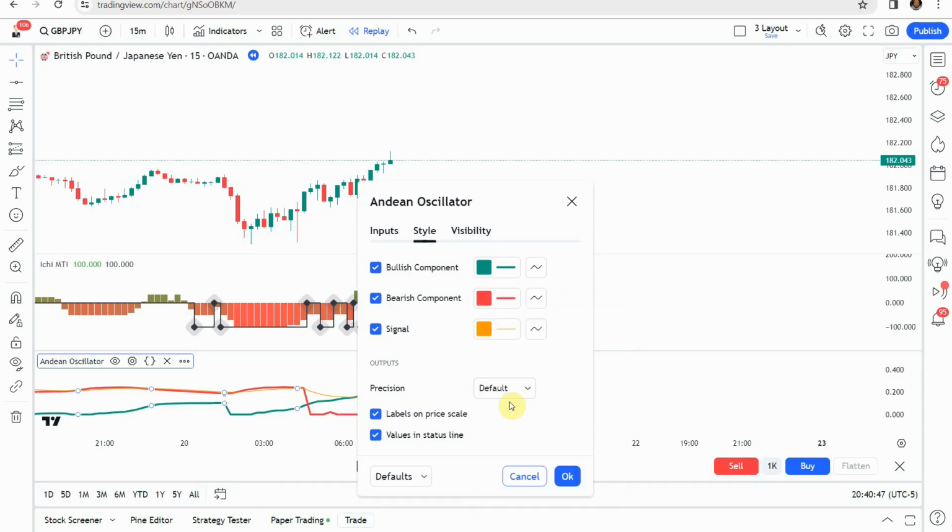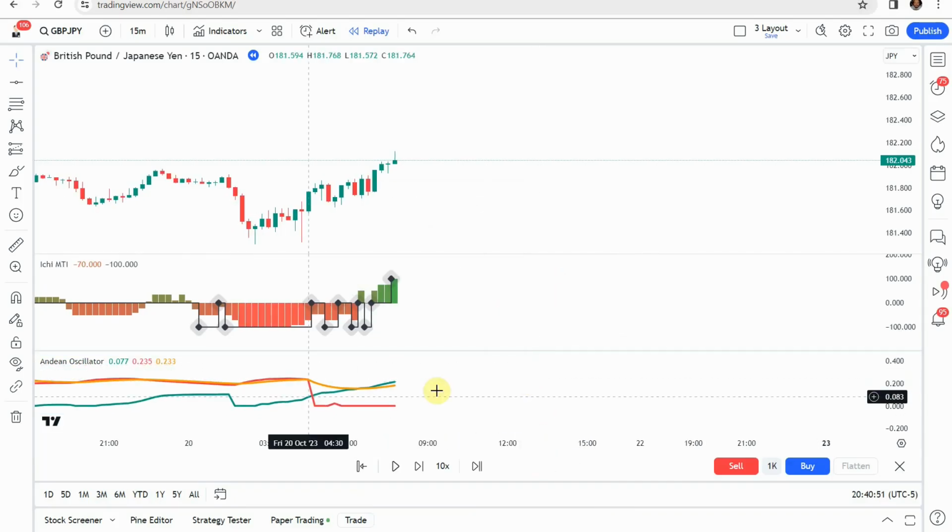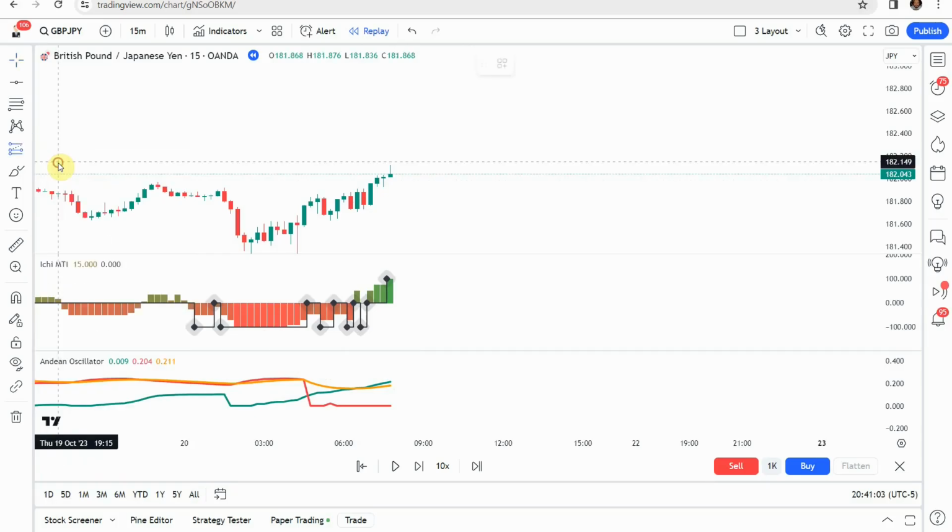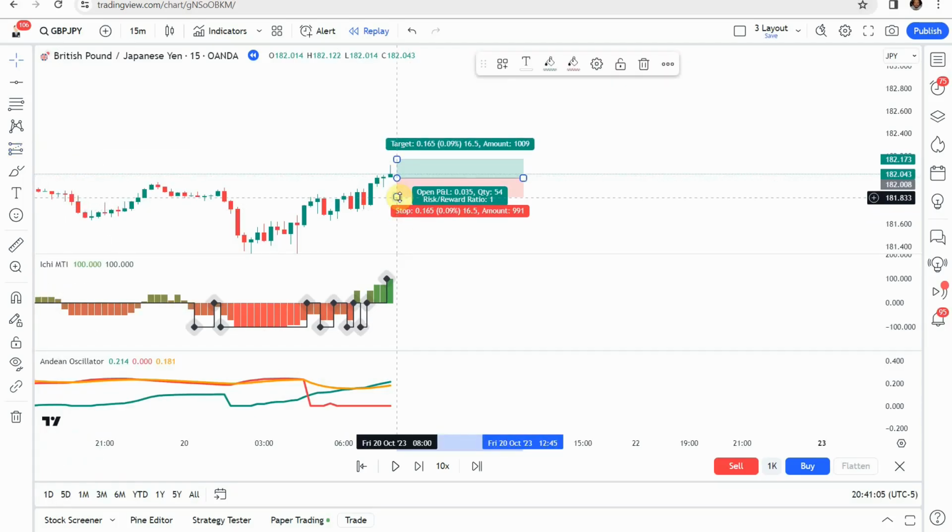That way it's a little bit clearer. All right, like so. Now you can see that the green line is above the orange is above the red. It doesn't matter whether or not the orange is above the red, but we're looking for the green to be on top of the other two in some fashion. And it's going to be our signal to then enter a long.